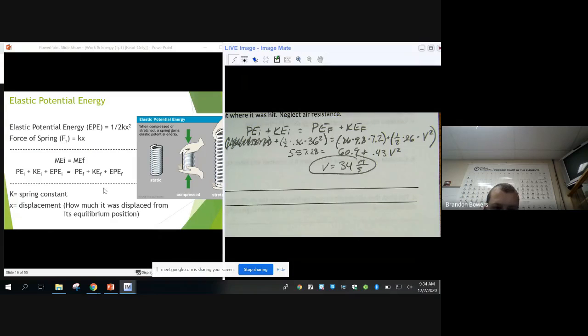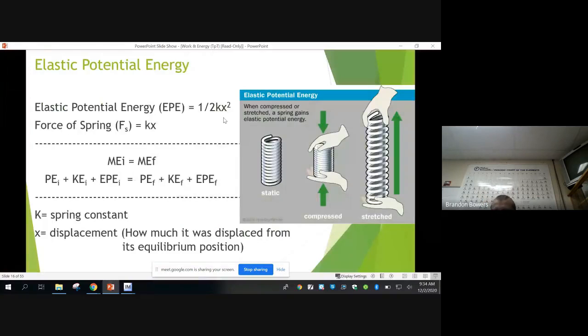All right. Elastic potential energy. Okay. Now, this is where elastic comes into play. I would write this equation down right here. EPE is equal to 1/2 kx squared.